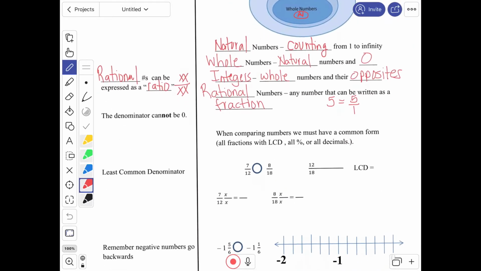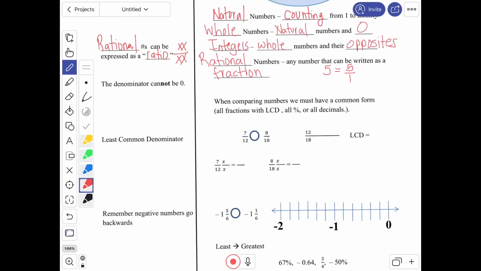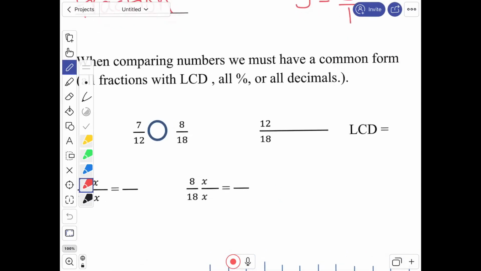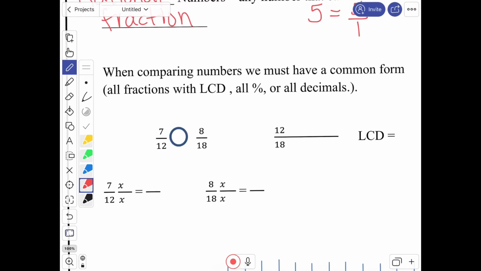So if we're going to compare rational numbers, we use a least common denominator. And we find a least common denominator by finding a least common multiple, or skip counting. But in the 7th grade, we really don't like to call it skip counting. So I take the 2 denominators, and I'm going to start with 18, because it's the big number. So after 18 would be 36.